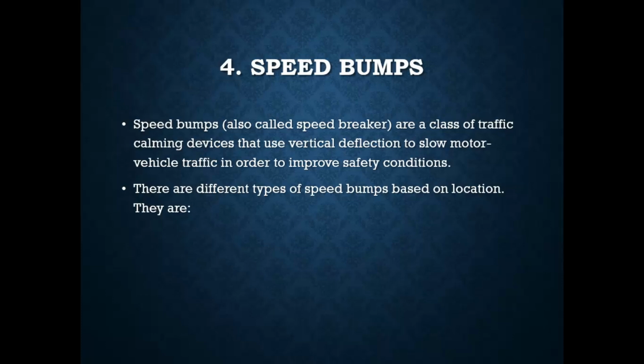That means when a vehicle is moving at a particular speed, what we use in reducing the speed of the vehicle on the road is what we call speed bumps or speed breakers, and that is why we call it a traffic calming device. We have different types of speed bumps based on location, which we're going to look at now.